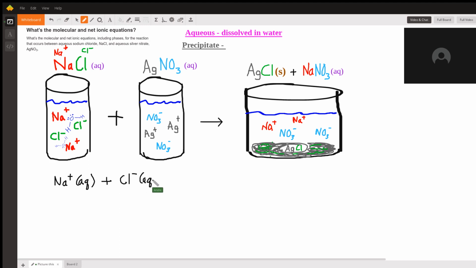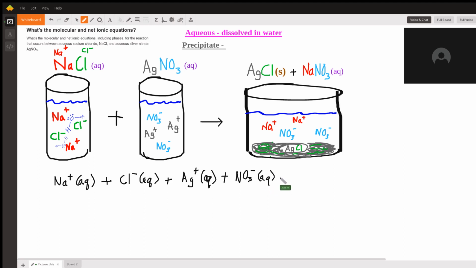In fact, all of these are going to be in the aqueous phase, and we have to show all of them as such. The silver is going to form a positively charged ion, a cation, in its aqueous phase, and the nitrate as well, NO3 minus, in the aqueous phase.